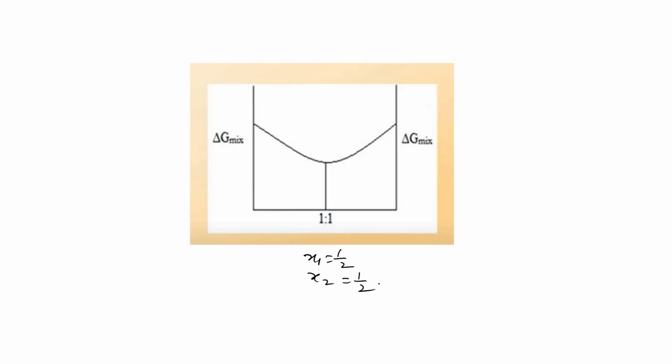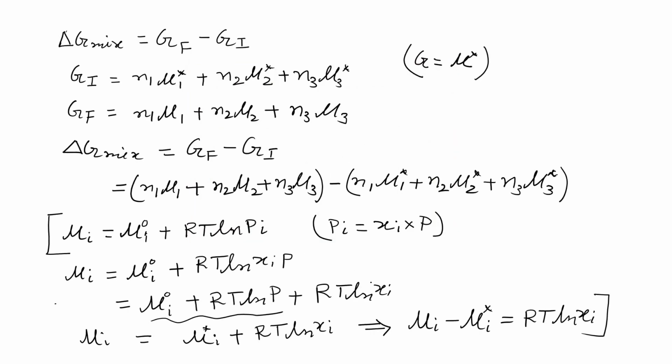So for the mixing of ideal gases, the free energy decreases, or the change in the free energy is negative. You can explain that from this equation also.